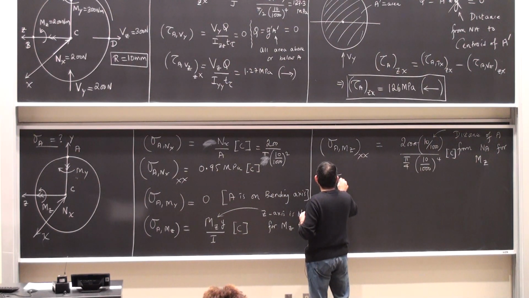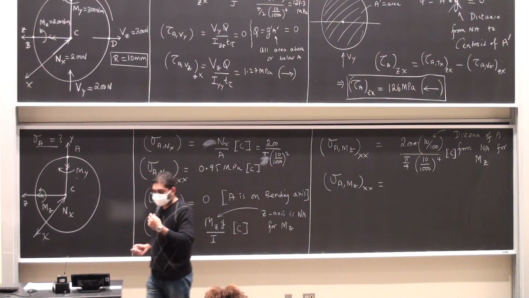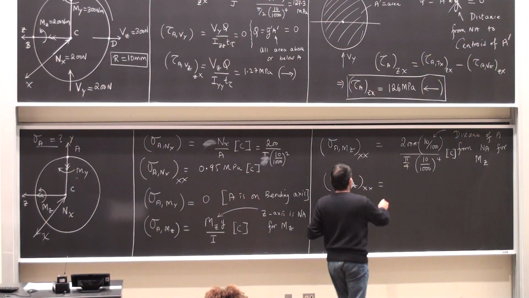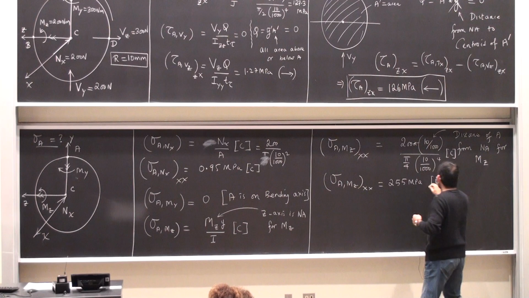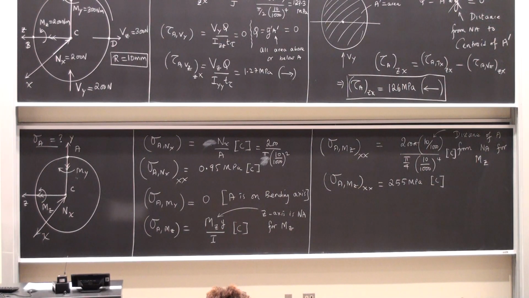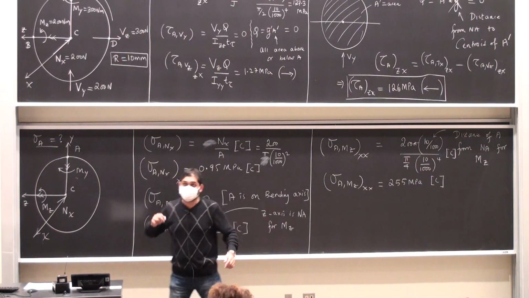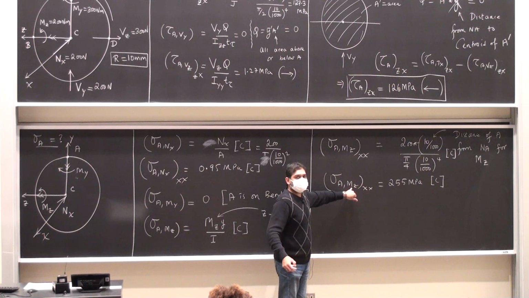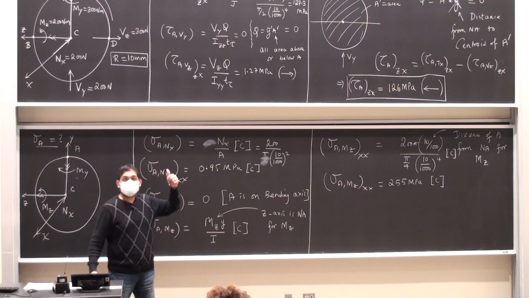So sigma A due to Mz, xx, is the following: 255 megapascals approximately. Compressive. So the net normal stress: because the normal stress due to the normal force is compressive, and because the bending stress, which is a normal stress due to the bending moment, is compressive, it is an additive effect at point A, the totality pushing it further into the page.